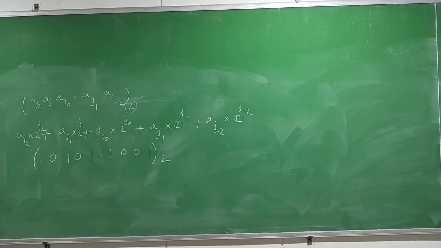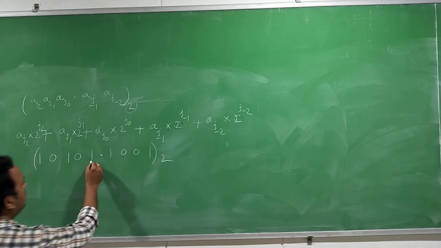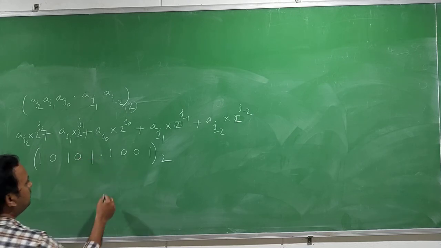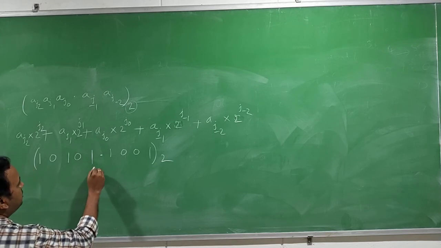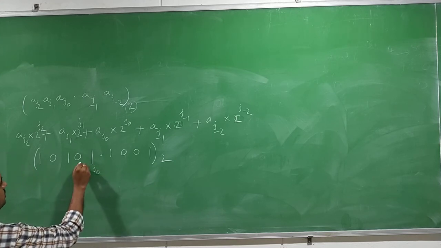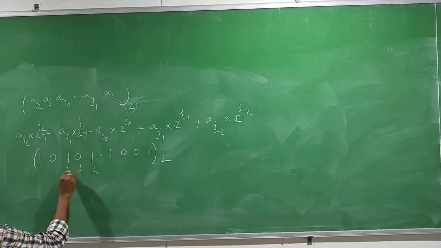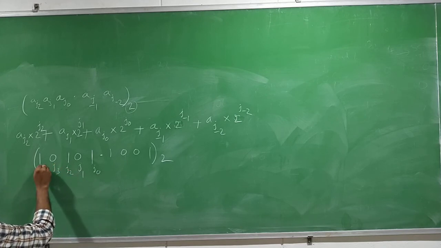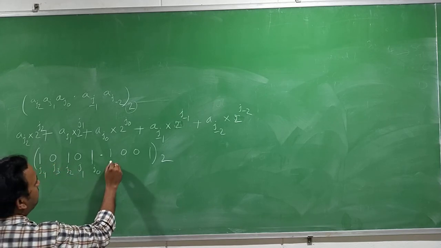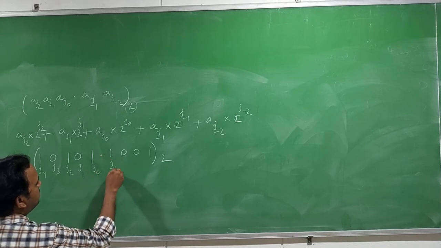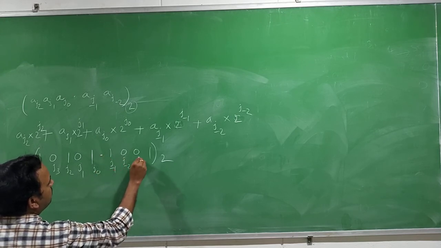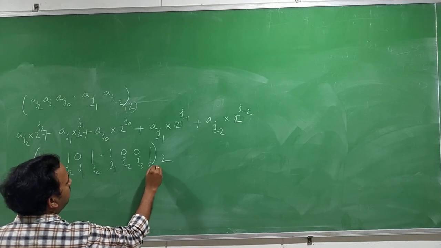I will start from here. This first 1 position is J0, this is J1, this is J2, this is J3, this is J4, and after the decimal, this is J minus 1, this is J minus 2, this is J minus 3, this is J minus 4.